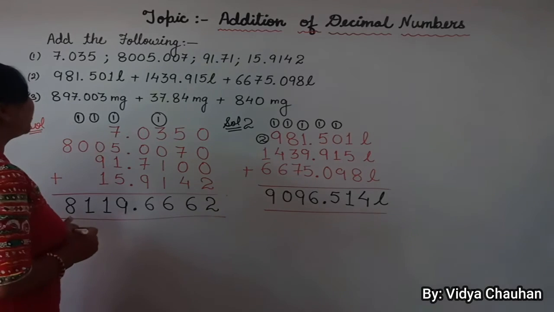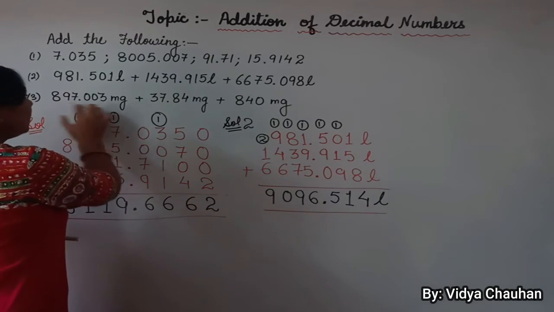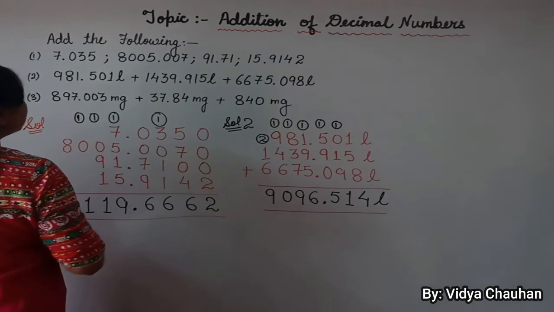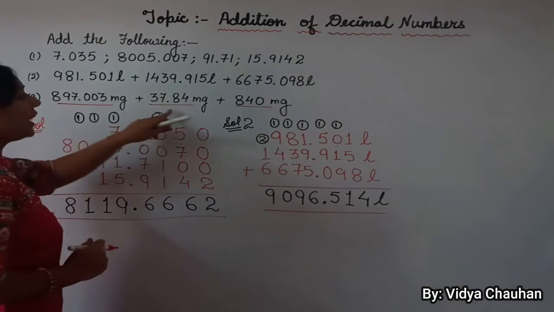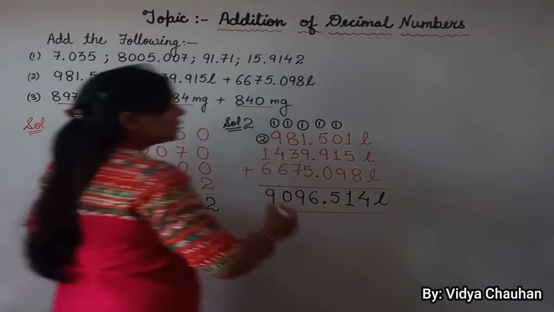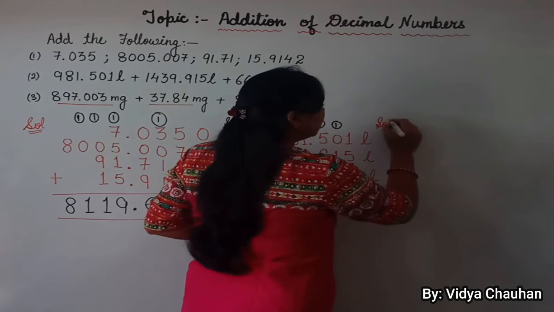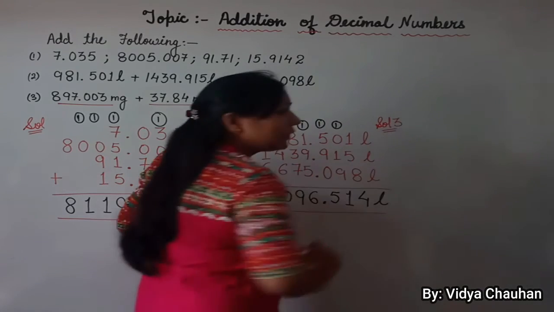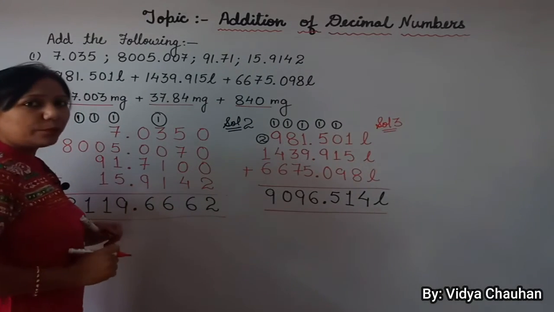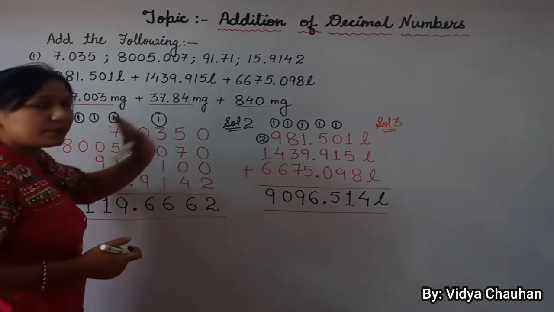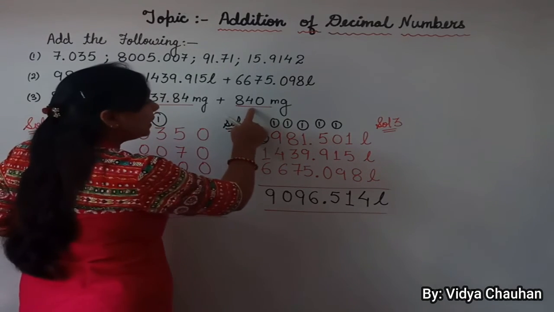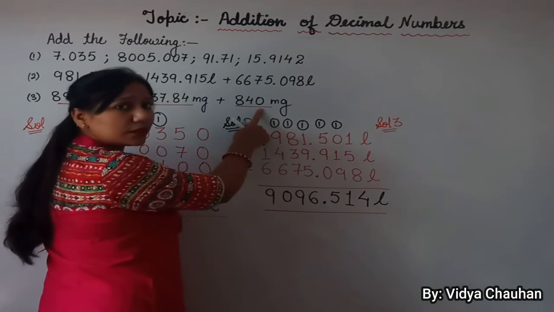In this third part it is said that again three terms are given to you, as you can see here, the first value, second value and third value, and we have to add these three values. So first, let's write up here. What we will do first? We will write the numbers in the vertical column, taking care of the decimals. Now here you can see that there is no decimal term in this third value.